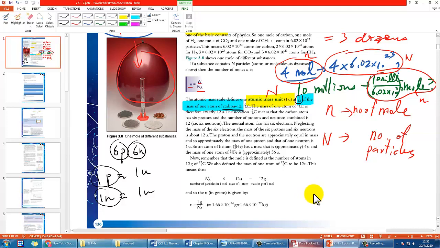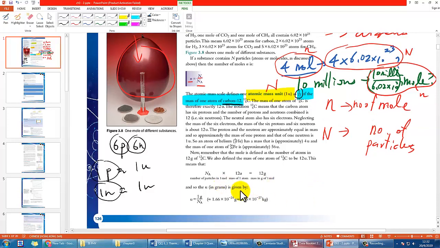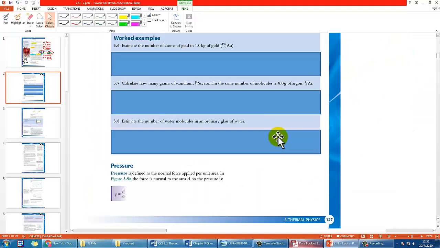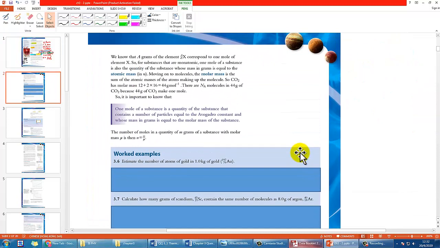Okay, so this is the idea of atomic mass unit. Right now, what we will talk about is on the next page. There are some other key ideas or terminology you may want to look at: atomic mass and also molar mass.